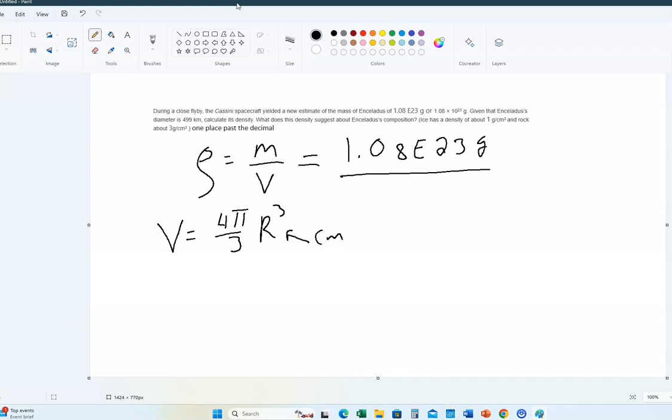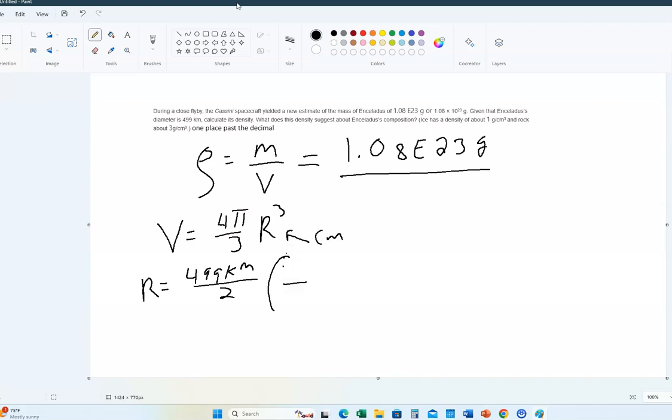So we have the diameter of Enceladus. They give us the diameter. So the radius, of course, is just half the diameter. Radius is going to be 499 kilometers divided by 2. So now that converts it into kilometers, but I want to remind everybody we need to change it to centimeters.